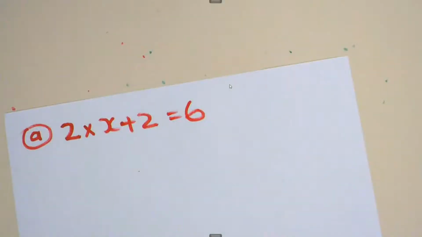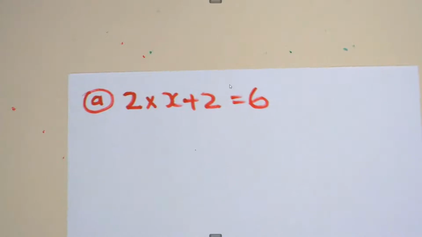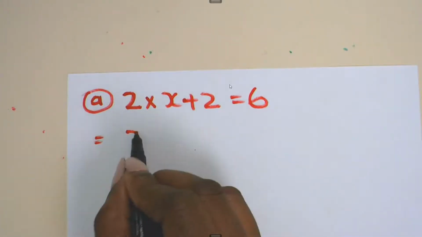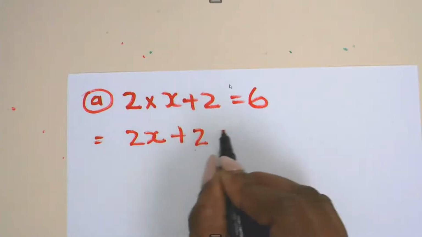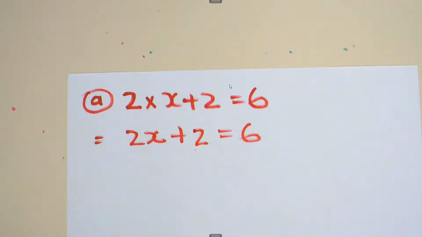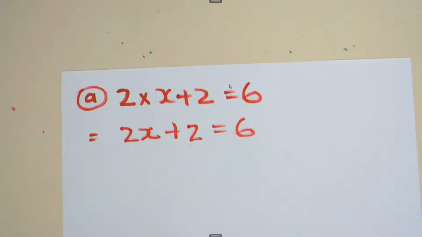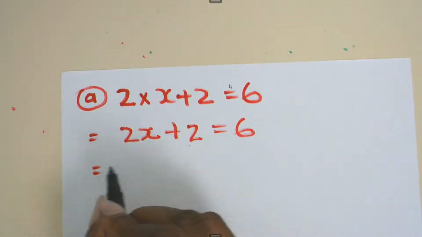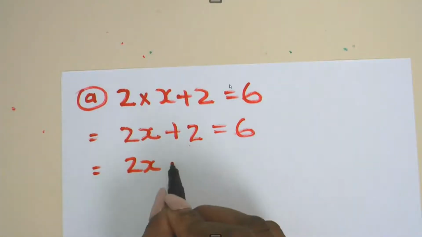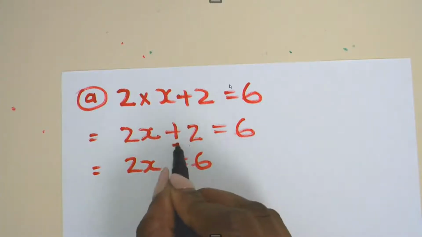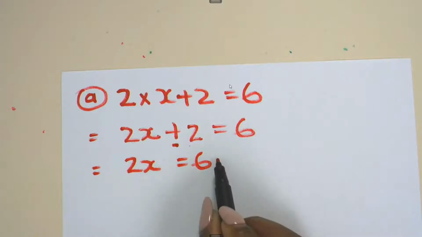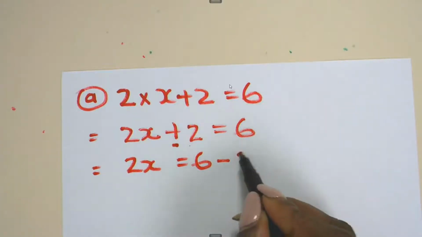Let's do the first one. I just want to show you the first one only. We have 2x plus 2 equals 6. I want to show you where the 2 comes from. Then we have 2x equals 6. Remember, we are adding this 2 here, and when it comes to the right-hand side, we are going to subtract.